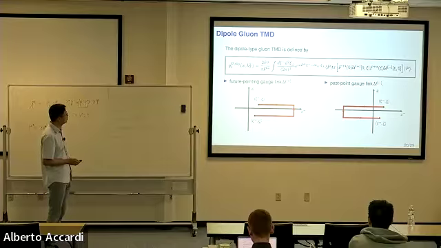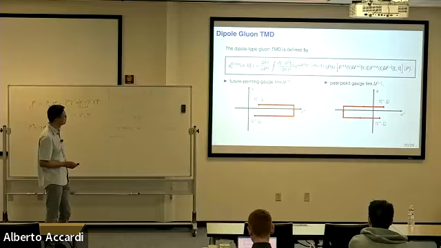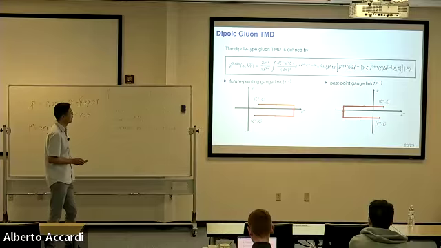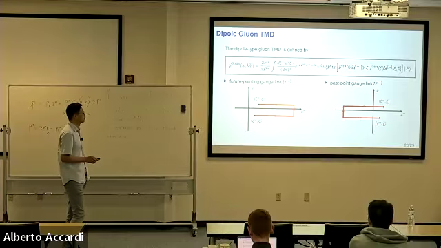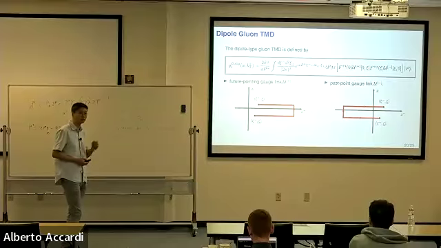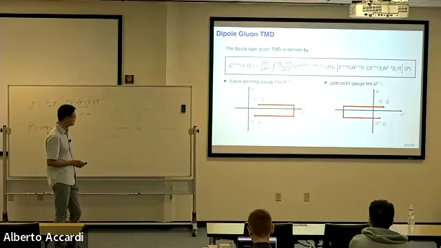So if you start from the general operator definition, it's the same form as the one I showed you, but written in the fundamental representation in color matrix space. So you have two field strength tensors F plus i, F plus j, but they are connected with gauge links so that the whole expression is gauge invariant. You can imagine that you have two fields here. How do you connect them so that the whole expression is gauge invariant?